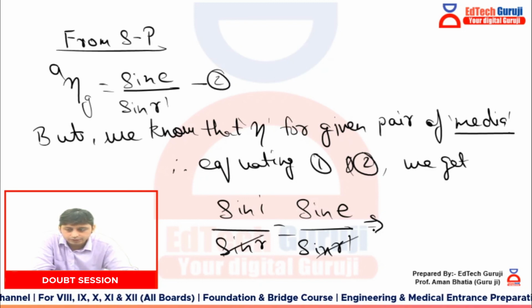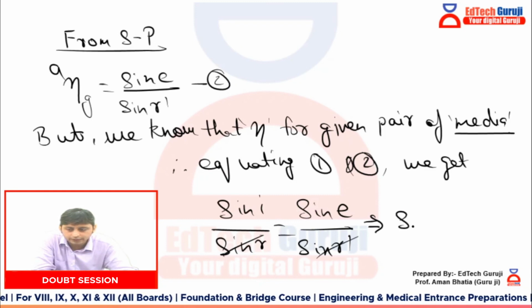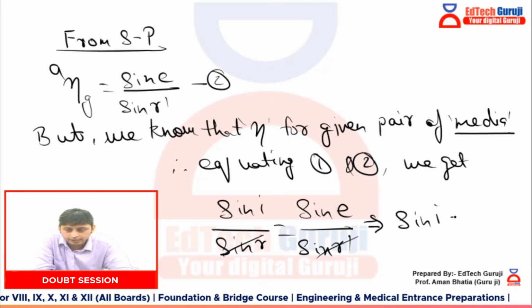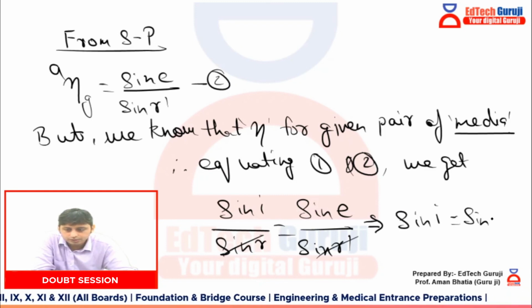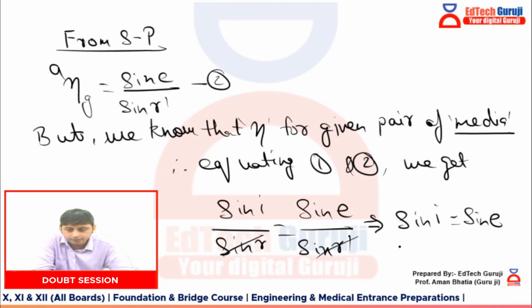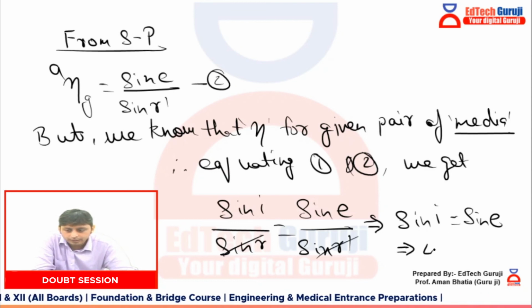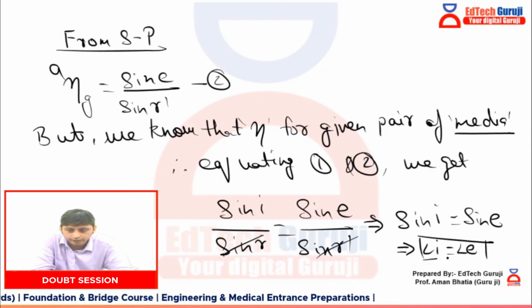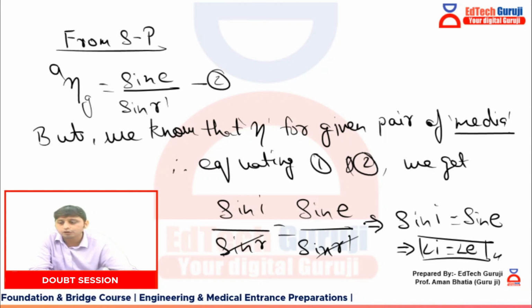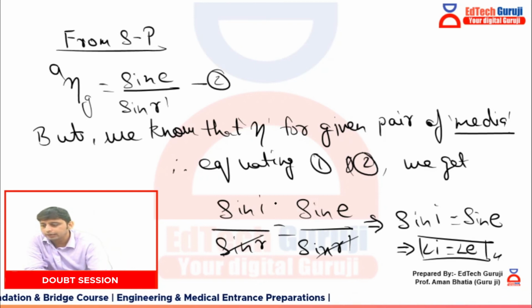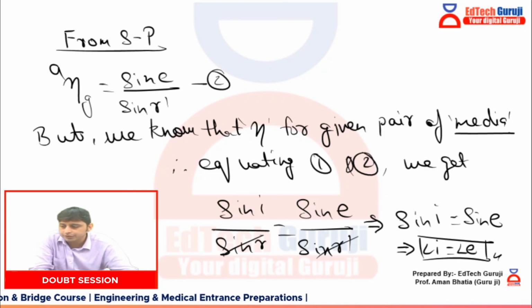That means if that is cancelled, what we get finally is sine I is equal to sine E, which implies that the angle of incidence is equal to the angle of emergence. Are you getting it?